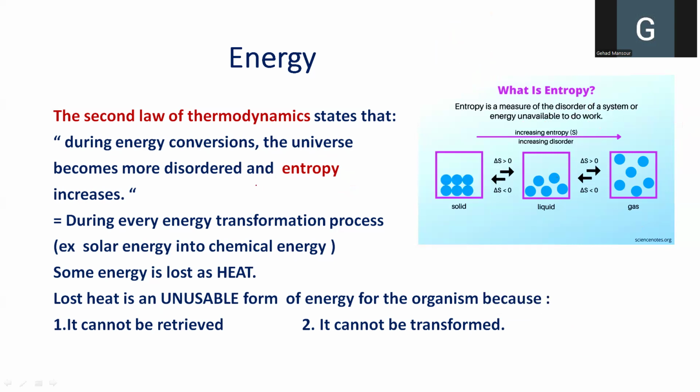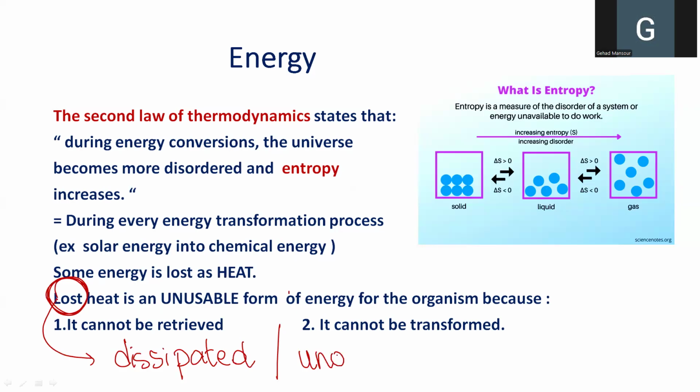three systems. So during every energy transformation process, for example, the transformation of light solar energy into chemical energy, some energy is lost as heat. And the lost heat is an unusable form of energy. Notice here that we said the lost heat, not any kind of heat, the heat that is dissipated. And why exactly is the heat that is dissipated not available to do work? Because it is dissipated in an unorganized way.